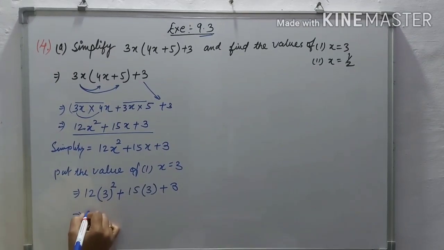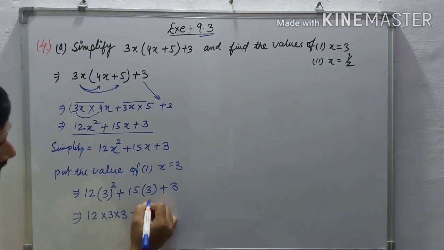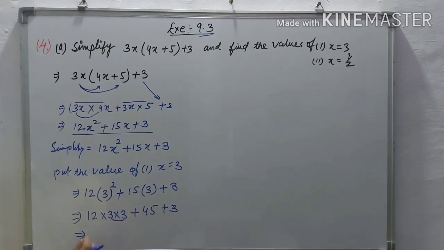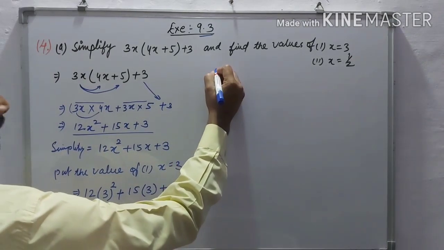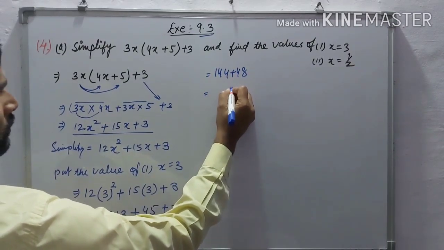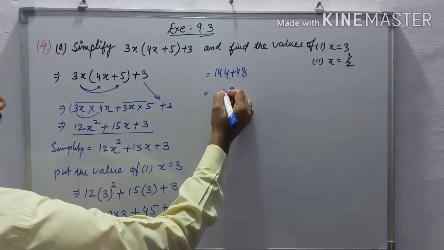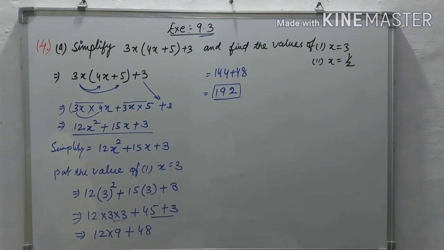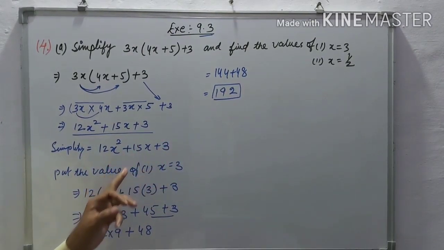Now solve: 12 into 3 to the power 2, means 3 times 3 is 9, 12 into 9 is 108, plus 45 plus 3, so 108 plus 45 plus 3 is 156. 192 is the answer when we put the value of x is equal to 3.